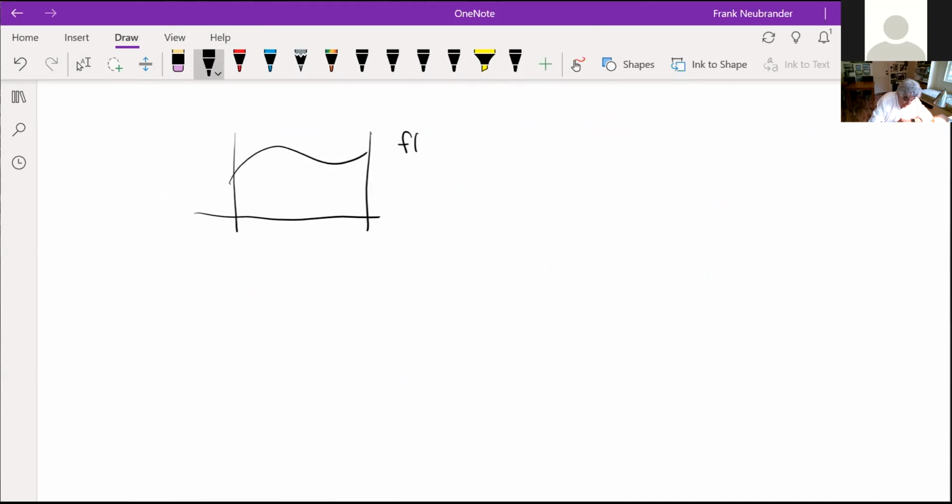So we have here a function f of x. Let's call it f of t. And then we fix an x between a and b, and we look at the area under the curve between a and x.